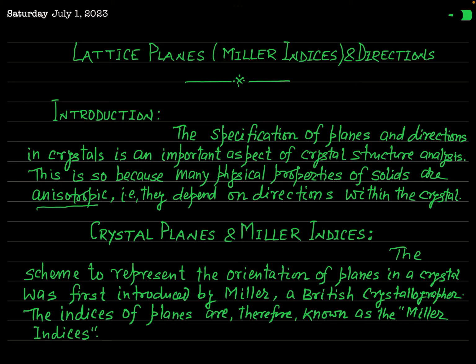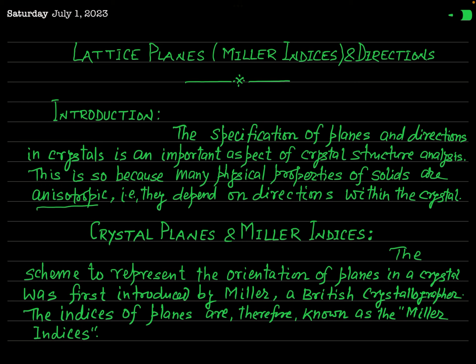So basically there are two problems. First one is to specify the direction of a crystal plane, or you can say to specify the orientation of a crystal plane with respect to the crystallographic axis. And the second problem is how to determine the different directions in a crystal.